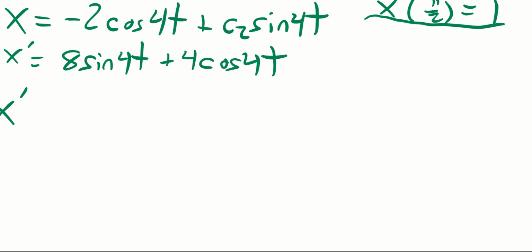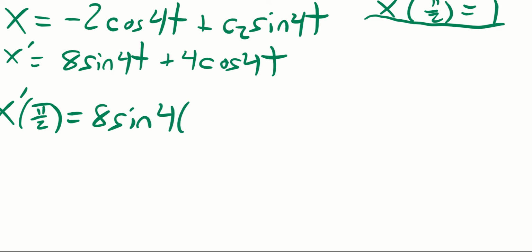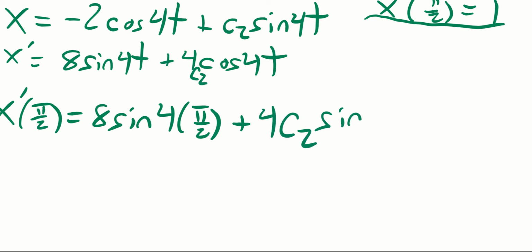Let's now evaluate the derivative at pi over 2. x prime evaluated at pi over 2 is going to be 8 times the sine of 4 times pi over 2 plus 4 c2 times the cosine of 4 times pi over 2. Actually, copy mistake, sorry, we better not have a sign there.